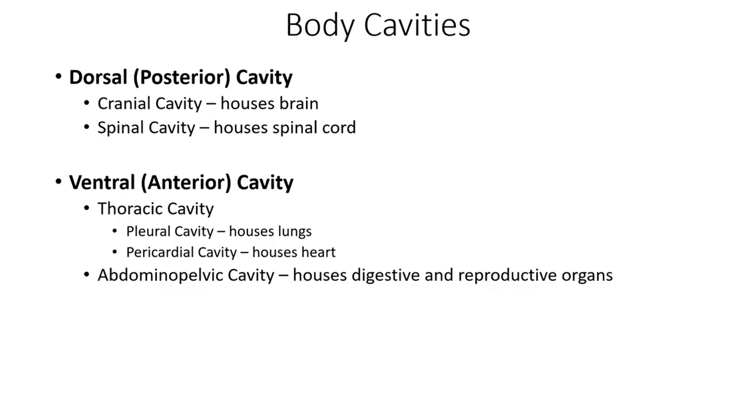The diaphragm is going to be our dividing point between thoracic and abdominopelvic. The abdominopelvic cavity could be further subdivided into the abdominal cavity and the pelvic cavity. They're frequently combined into just the abdominopelvic cavity though. And this is going to hold all of the digestive, reproductive, and urinary organs.